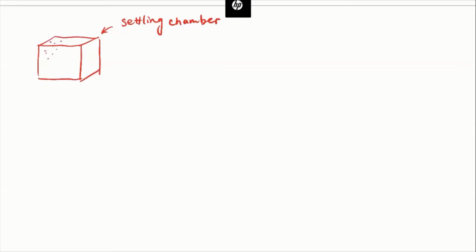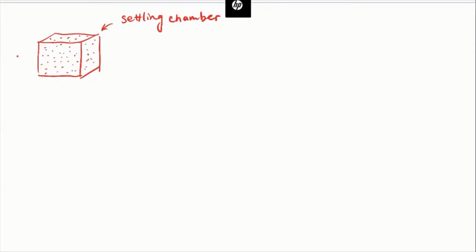It's similar to our room, where we introduced that the indoor concentration of the particles is around a few thousand particles. So there are quite a lot of particles in this chamber. Let's assume that the chamber has a height of h and a base area of s. This is at time equal to 0.